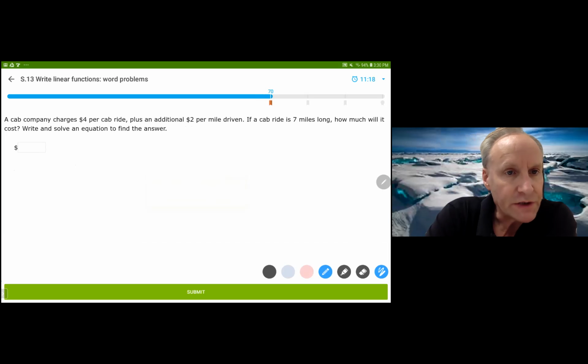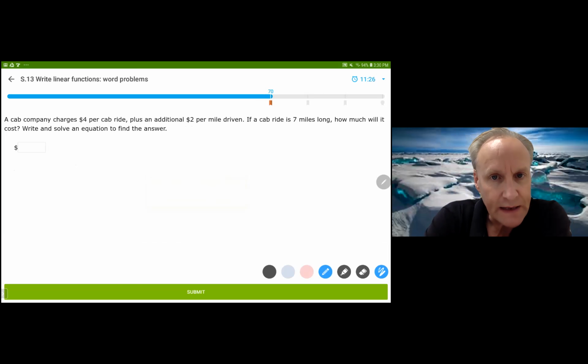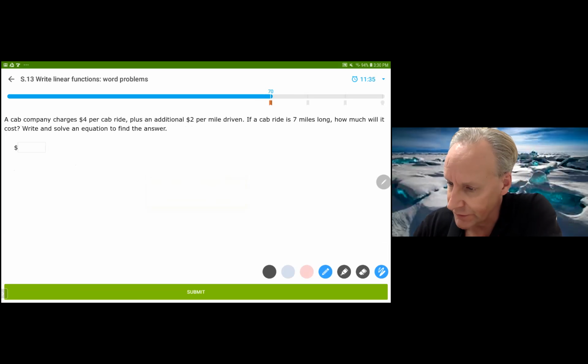A cab company charges $4 per cab ride plus an additional $2 per mile driven. Man, cheap cab. If a cab ride is 7 miles long, how much will it cost? So write and solve it. So here's what you're supposed to do.